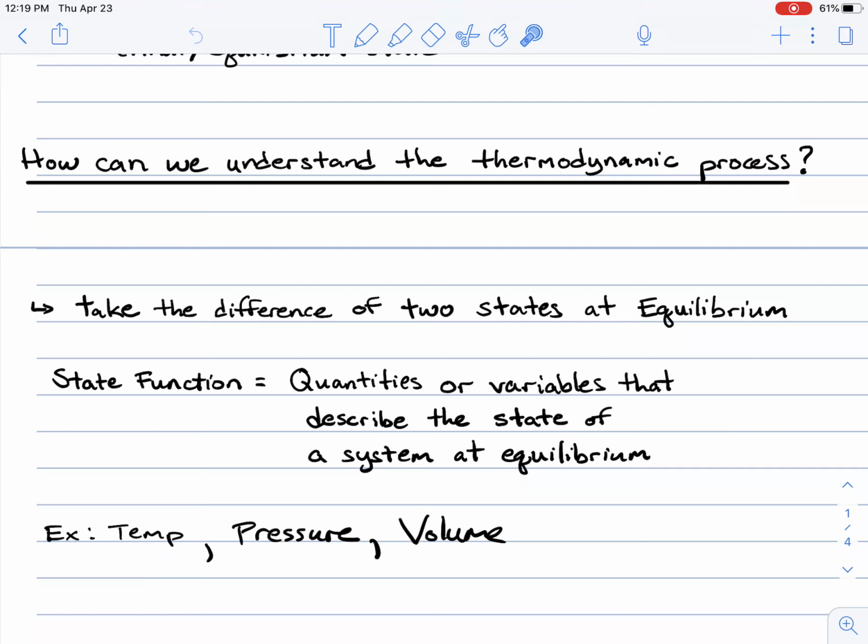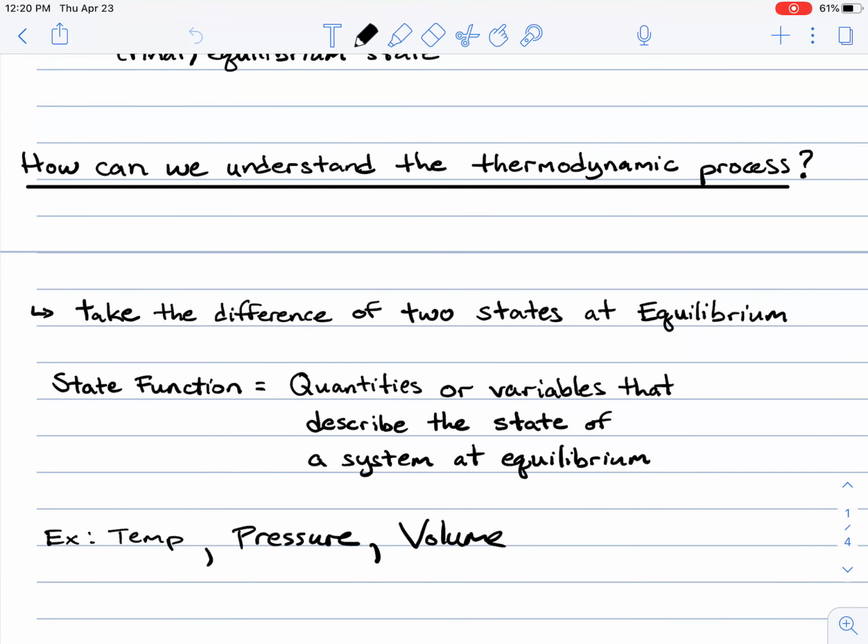And so we can go ahead and describe these items by using temperature, pressure, and volume, right? So we can describe the initial state of a system at equilibrium through the perspective of pressure. We can describe the final state of the system through the perspective of volume.